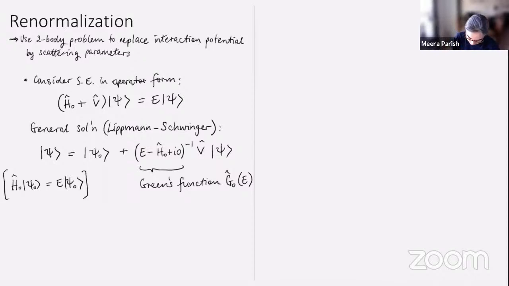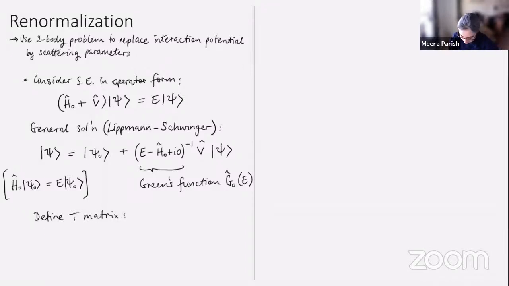Now it's already starting to look a lot like, it has exactly the same form as, the usual scattering wave function you'd write down, with an incoming wave and an outgoing scattered wave. And now what you can do is define what's called the T matrix.